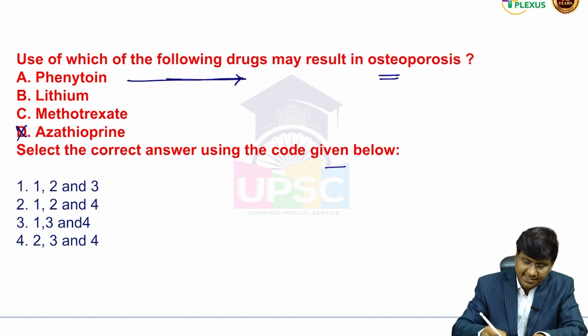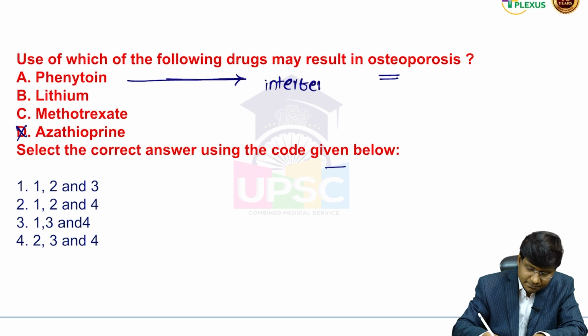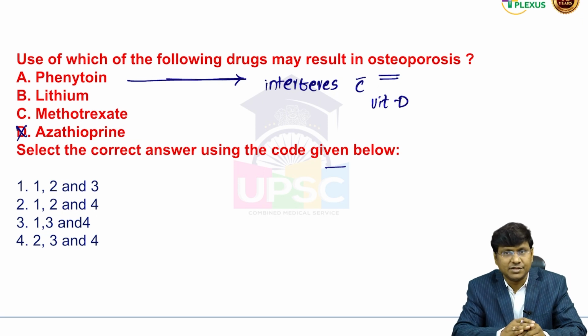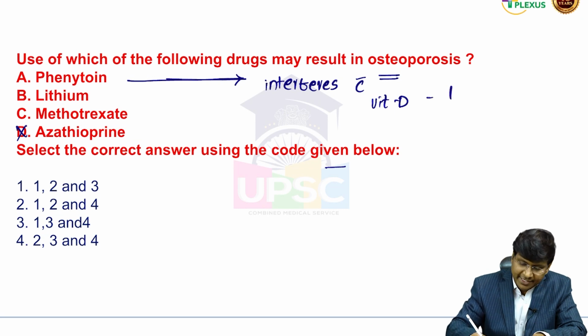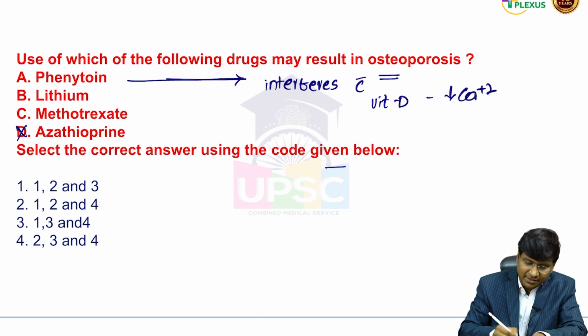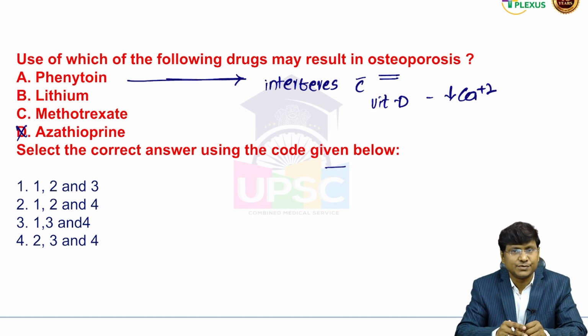Phenytoin interferes with the vitamin D metabolism, right? Which is crucial for calcium absorption as well as bone health. Now because it is interfering with the vitamin D metabolism, what will happen to the calcium levels? There will be a decrease in the calcium levels, and that will increase the risk of osteoporosis.